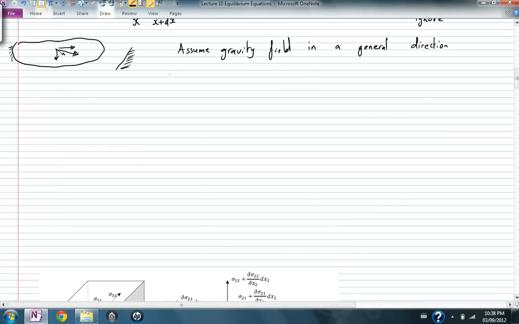Assume that the gravity field has an acceleration g, or I'm going to call it b, where b is a vector made out of b1, b2, and b3 because it's acting in a general direction. This is the gravity field vector b, or g.